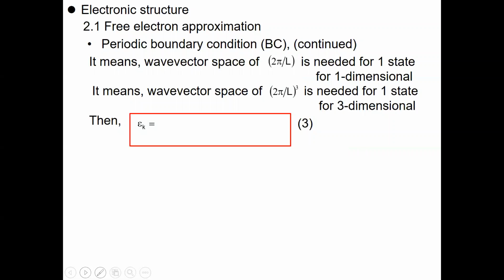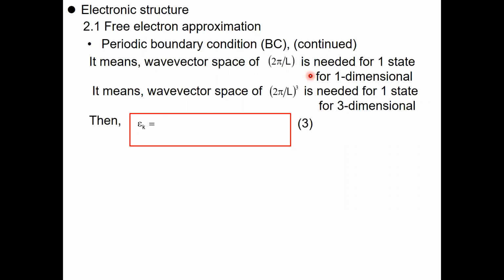That means, as you can see, this is a wave vector space in k, and every 2 pi over L you have one k value. The first one is 2 pi over L times 1, the second one is 2 pi over L times 2, and so on.